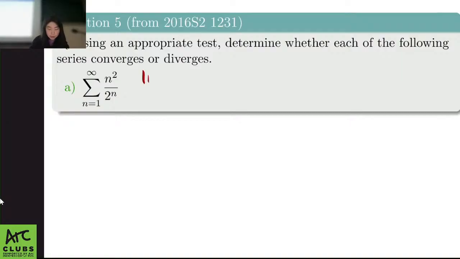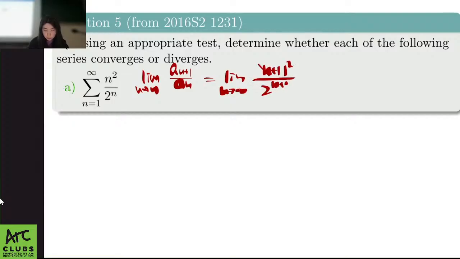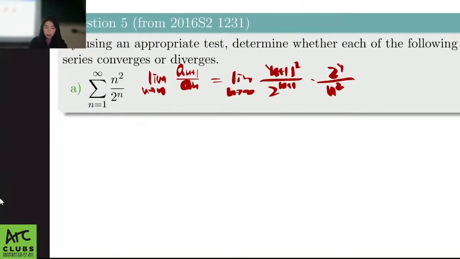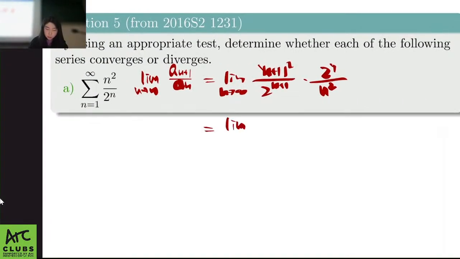So we want to find the limit as n approaches infinity of the ratio a_(n+1) over a_n, in which if we substitute the formulas, this is equivalent to (n+1) squared over 2 to the power of n+1, multiplied by 2 to the power of n over n squared. And this simplifies: first of all, these cancel out, leaving just a 2 on the bottom.